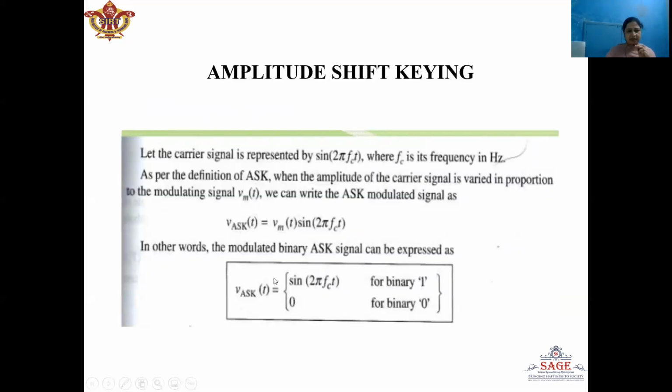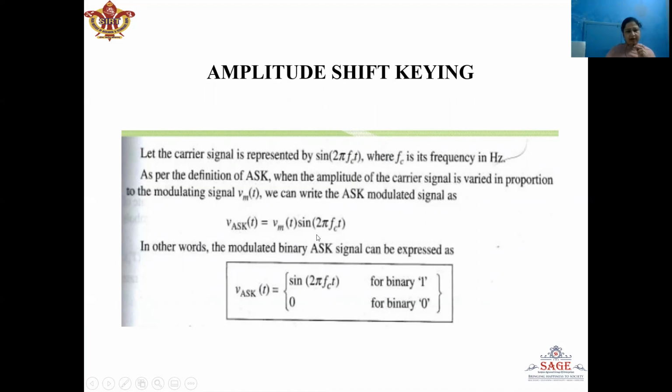So, to represent the amplitude shift keying signal in the form of an expression, we will consider the carrier signal, which is given by a sinusoid and represented by sin 2πfct, where fc is the frequency of the carrier. The ASK modulated signal is represented by the expression Vm(t) sin 2πfct, where Vm(t) is the binary message signal or modulating signal.